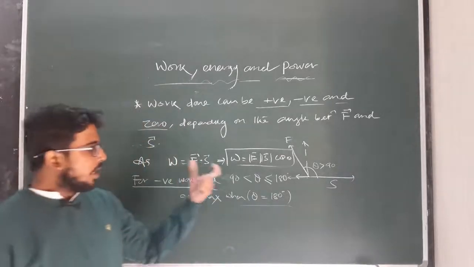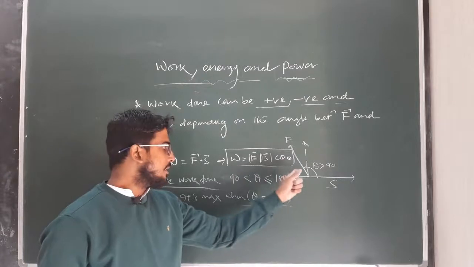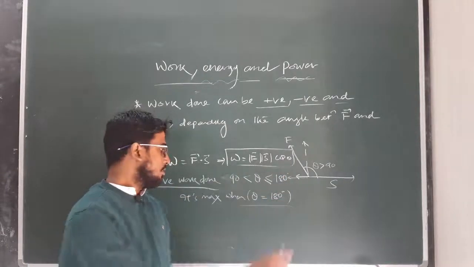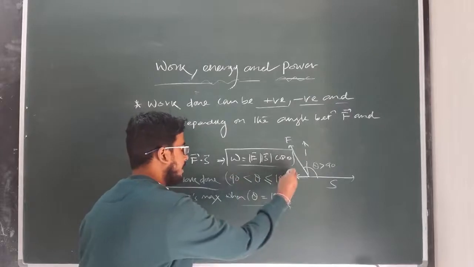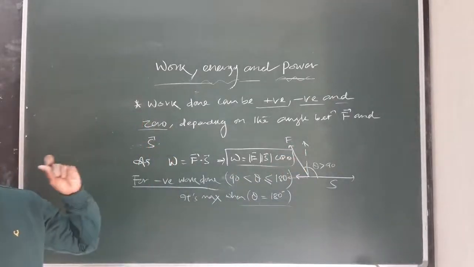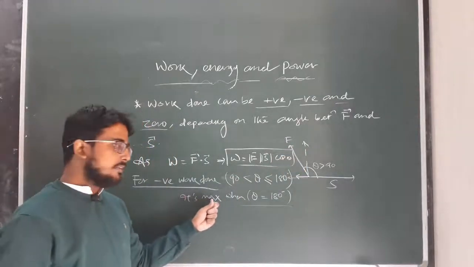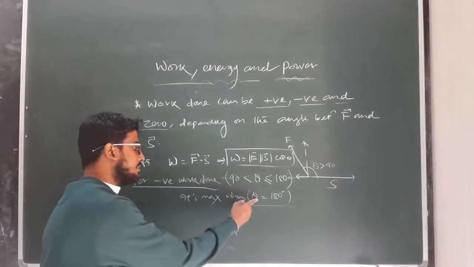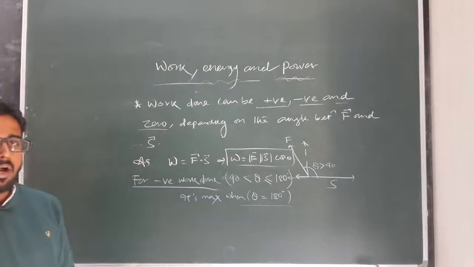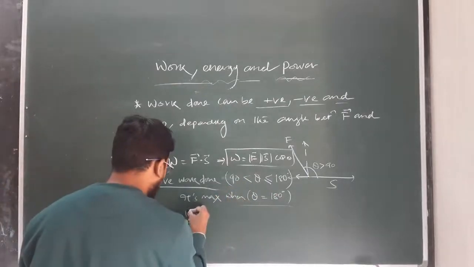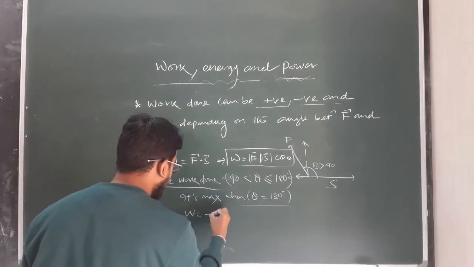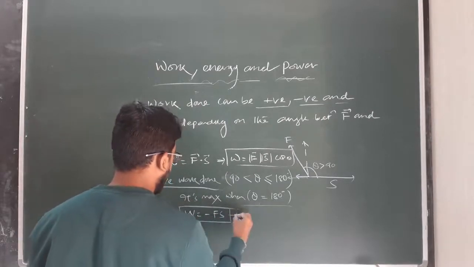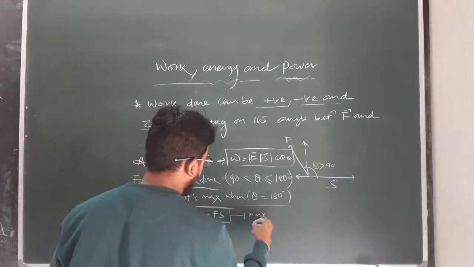But the work done will be negative when theta is greater than 90 up to 180 degree. So when theta varies from 90 to 180, the work done will be negative and maximum in negative case when theta equal to 180. So in this case the work done equals how much? Minus Fs. This is the maximum value of negative work done.